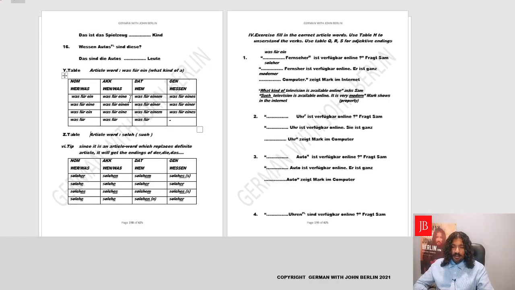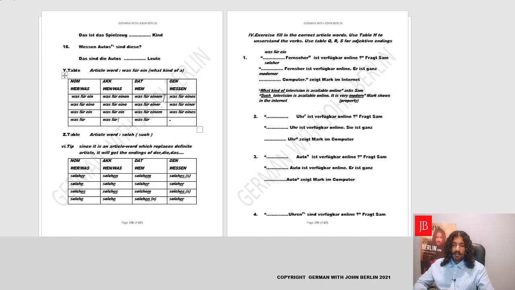Moving forward, now it's accusative. Again, was für einen, was für eine, it got interchanged, I corrected it, was für einen, was für eine, and then was für ein, I corrected this as well, und was für. So let's read again: einen, eine, ein, and then no article. Was für einen, was für eine, was für ein, was für.